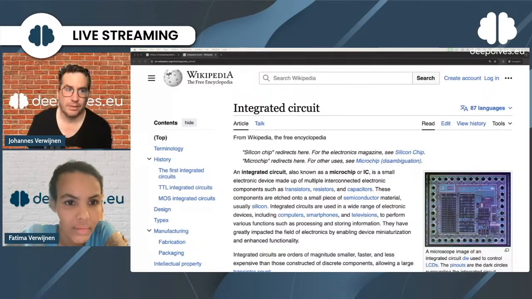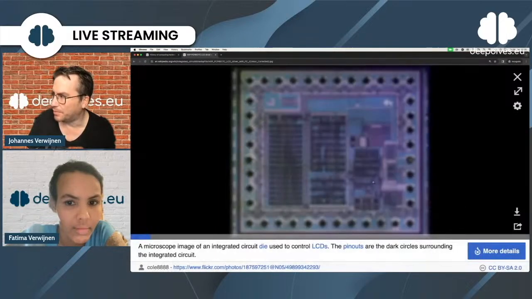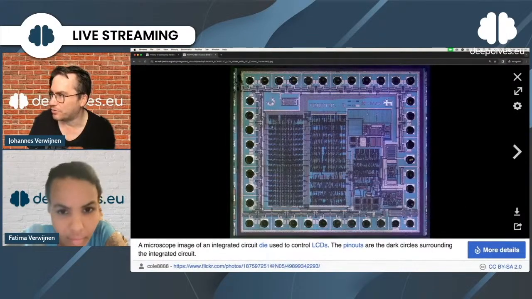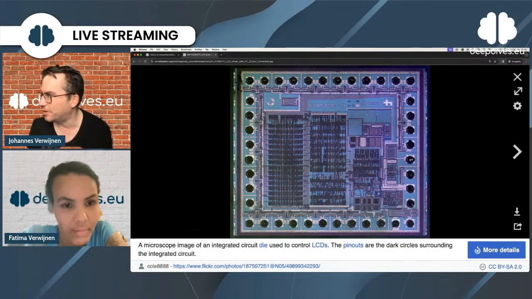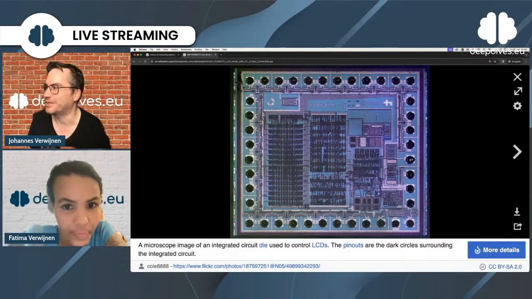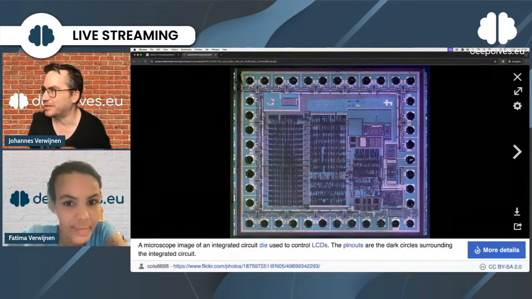Now with IC technology, we were starting to be able to create ICs that had a lot of transistors on them at a microscopic scale. We literally can't even see the individual transistors in a picture like this.